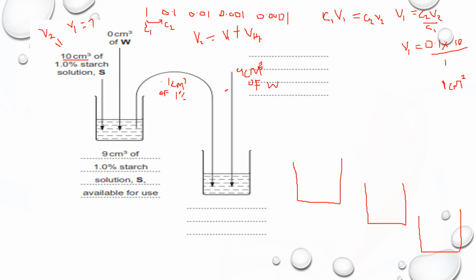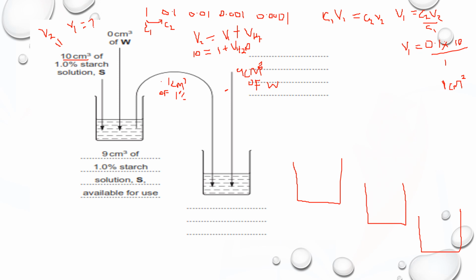So V2 is 10. We have calculated our V1, which is 1, and our V water, which we now know to be 9, because it is 10 minus 1. So it's easy.